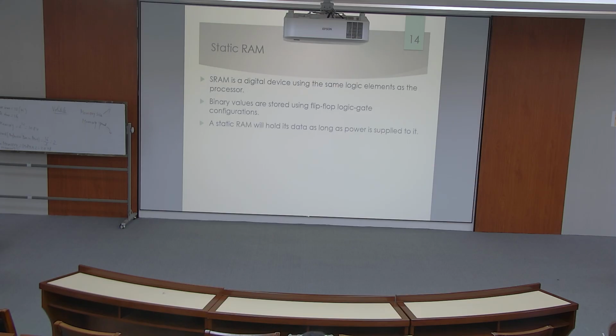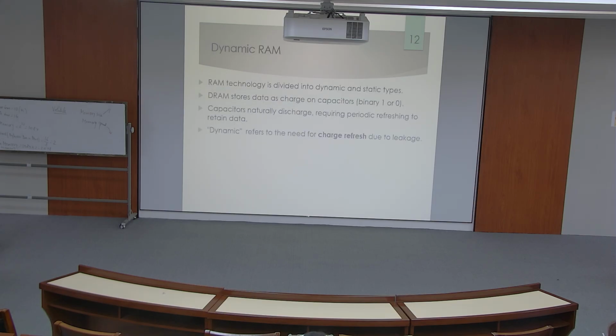Now, what is a static RAM? Static RAM, on the other hand, is a digital device which uses the same logic elements as the processor. Binary values are stored using flip-flops, a logic gate configuration. For DRAM, data is stored as charge on capacitors, which is why we need to refresh it.